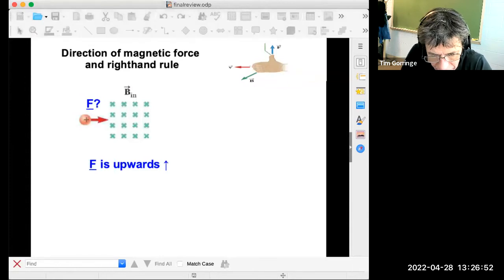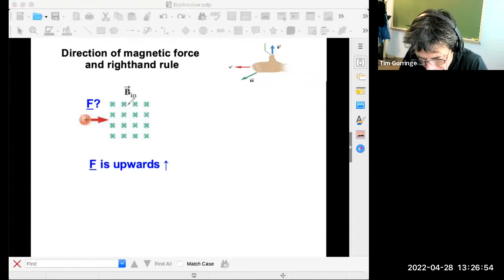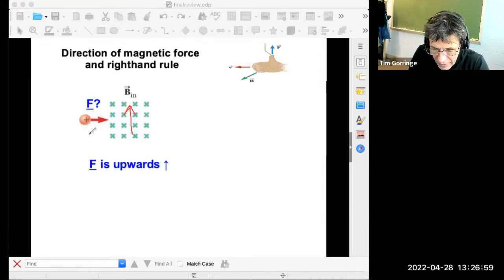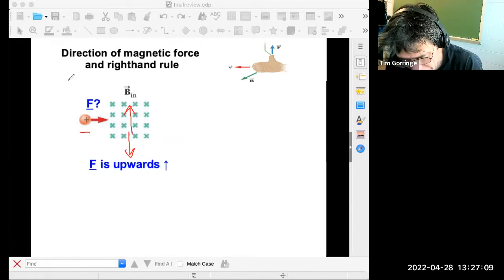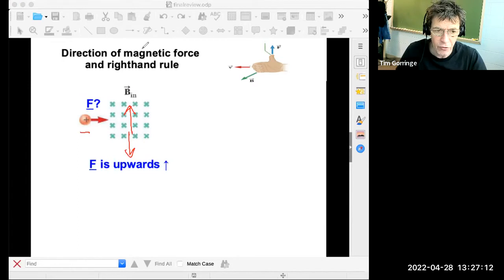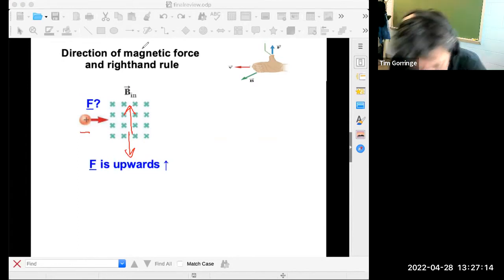And so that would be the direction of the force on this positive charge. It will be up. If this was a negative charge, then it would be down. The direction of the force is reversed because the sign of the charge is reversed. And so that's an example of the directional nature of the field equation.